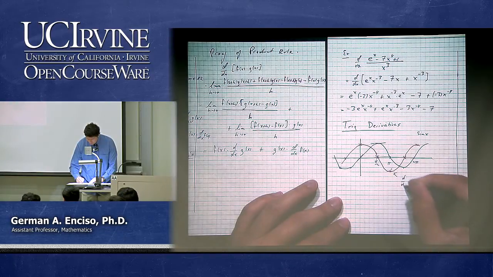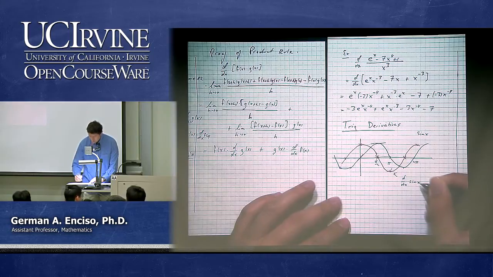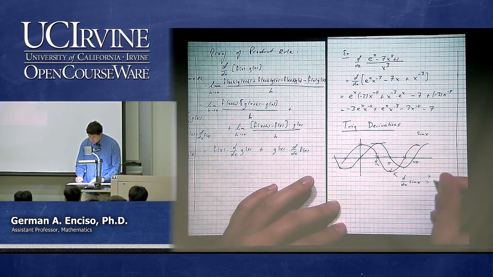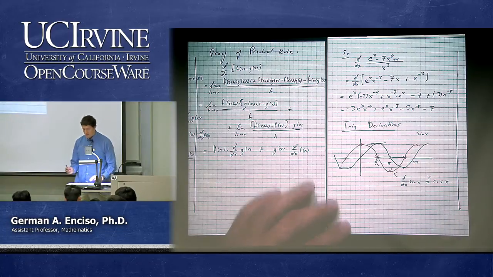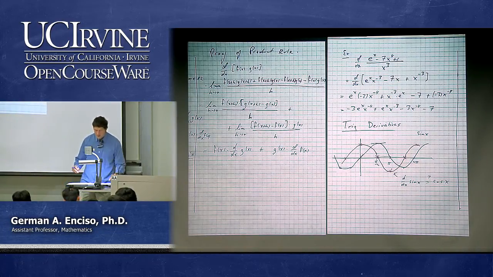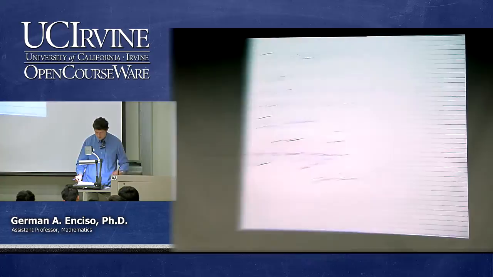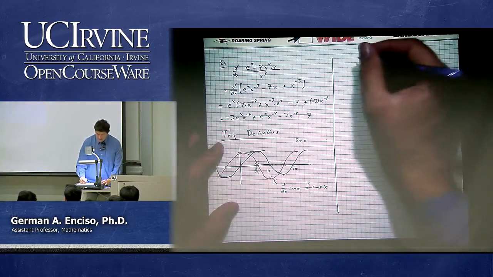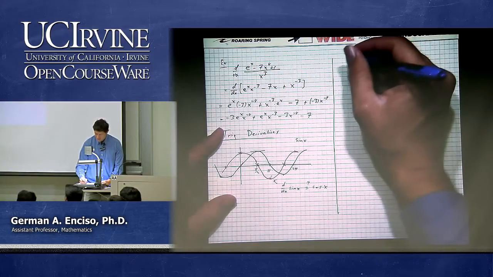So the mysterious derivative looks a lot like the cosine function. I'm going to give you one more piece of evidence that that mysterious function is actually the cosine function. What evidence is that? It's going to be the derivative at 0.